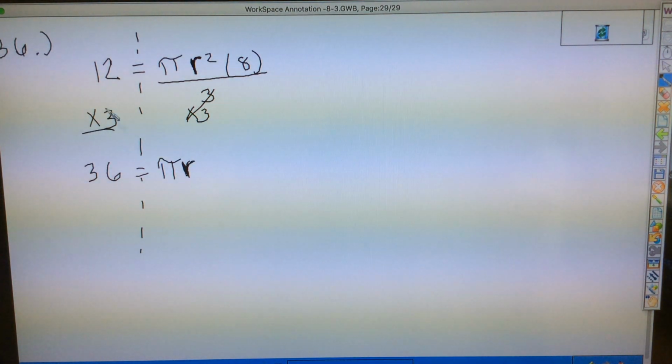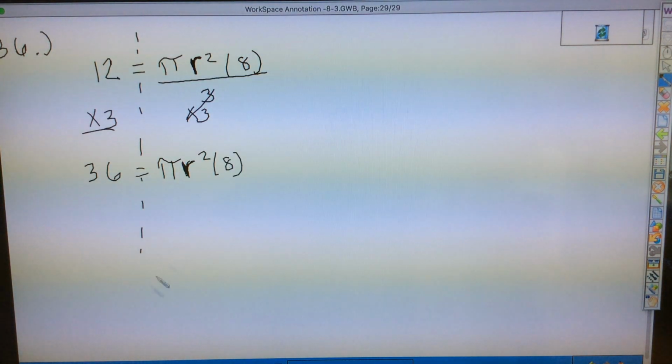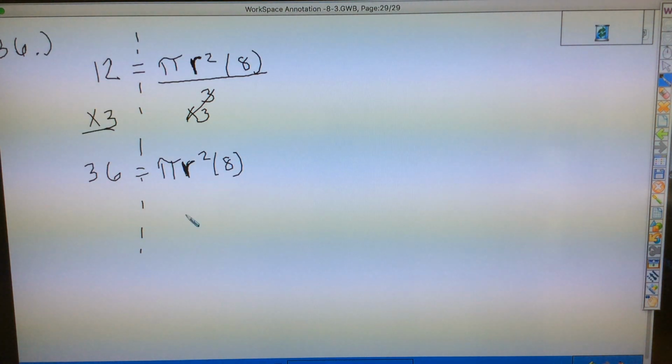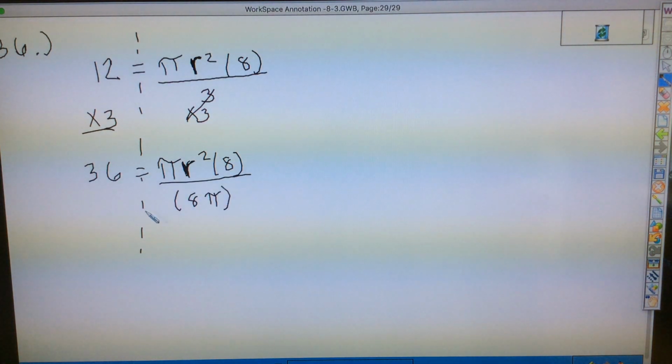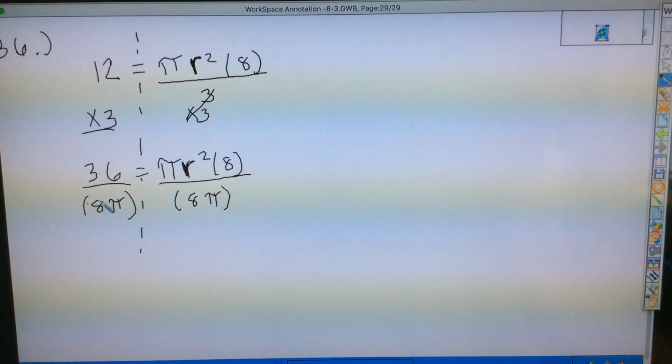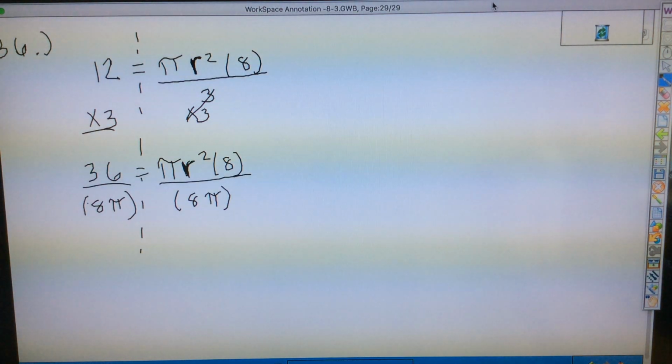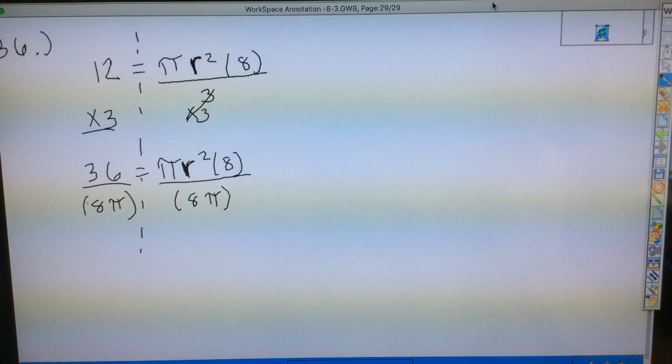So 12 times 3 is 36, which is equal to pi r squared times 8. Okay, well, pi times 8, I'm going to do the opposite and I'm going to divide. Again, you can divide by 8 pi in parentheses, or let me give you the approximation. 8 pi is 25.1.